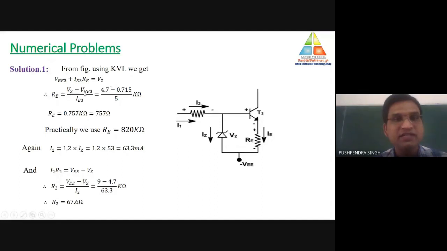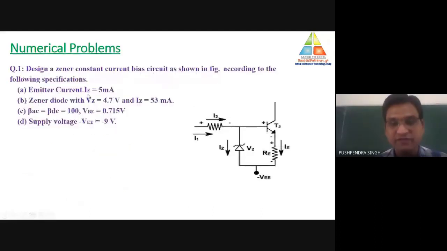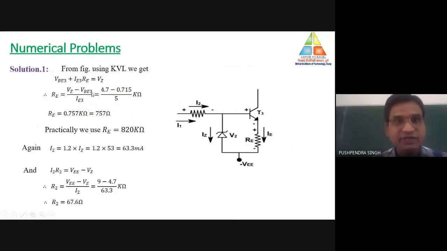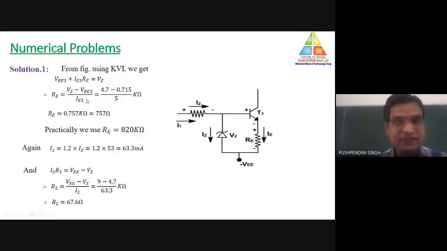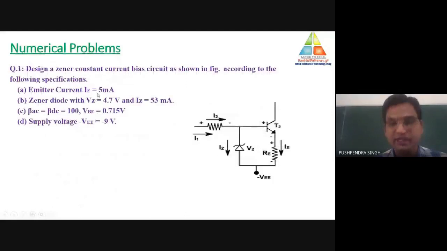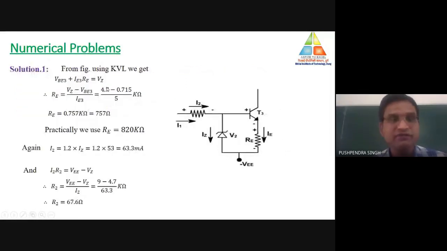RE will be Vz minus VBE3 divided by IE3. Already you know the value of Vz given in the question: Vz is equal to 4.7. VBE3 is also given as 0.715. And IE is equal to 5 milliampere. So all the parameters are given, and you can easily calculate the value of RE.